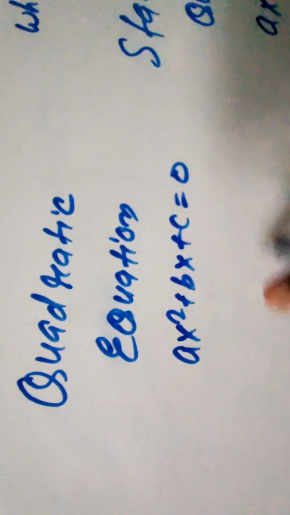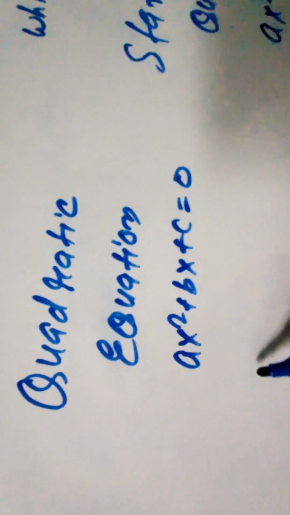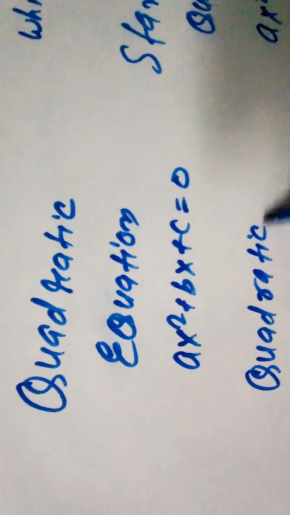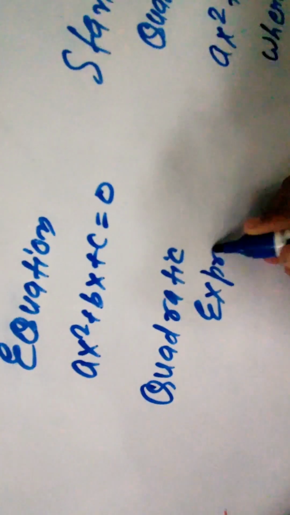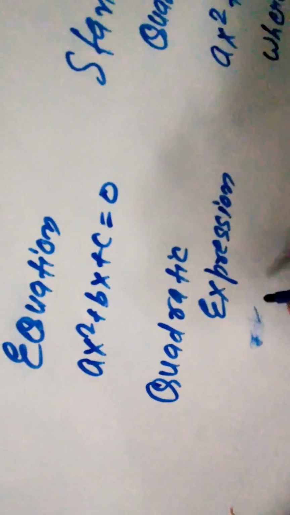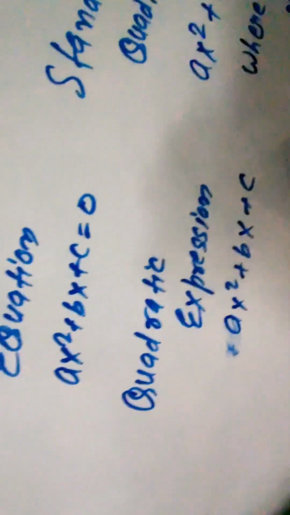Equation means left hand side, right hand side equals 0. But a quadratic expression is ax square plus bx plus c. Without equals to 0, this is called an expression. If equals to 0, this is called a quadratic equation.